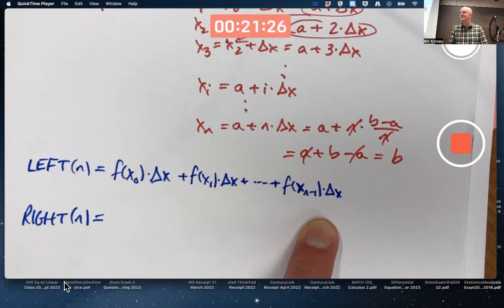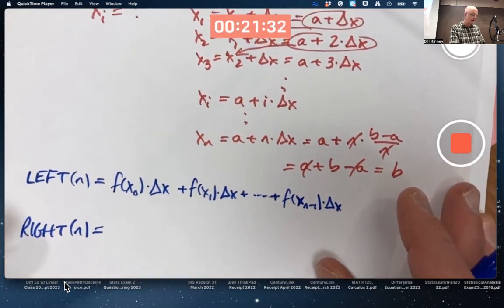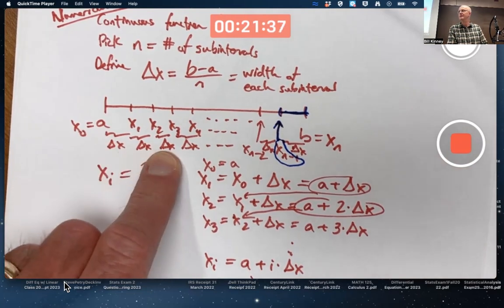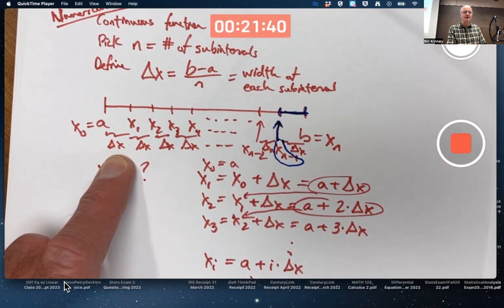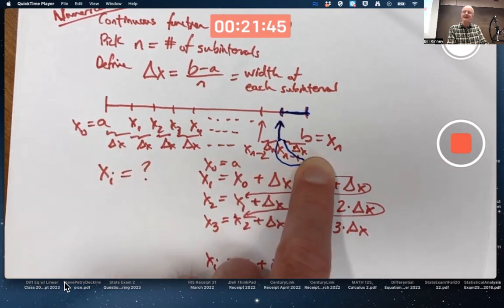That's worth emphasizing. Let's wait for the summation notation. For the right-hand sum, you do the same kind of thing, except you use the right endpoint of each interval instead of the left endpoint. So the first interval, the right endpoint is x1. Second, it's x2, etc. The last one, the nth one, the right endpoint is xn.